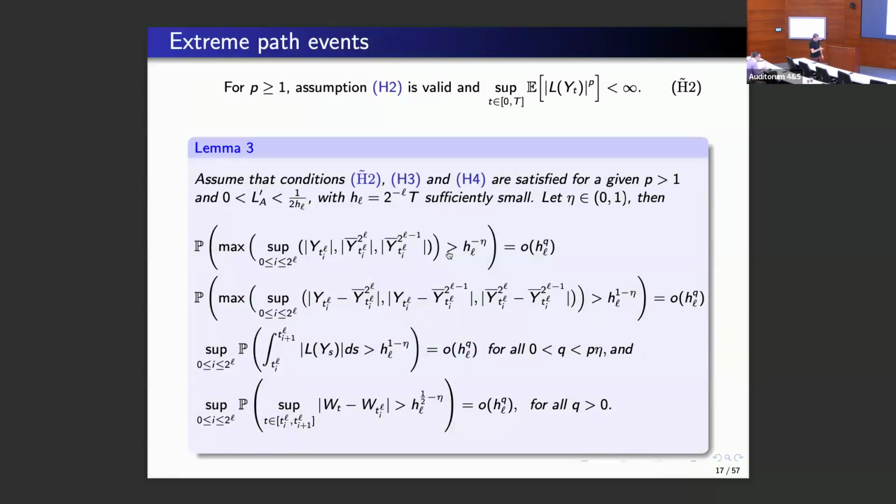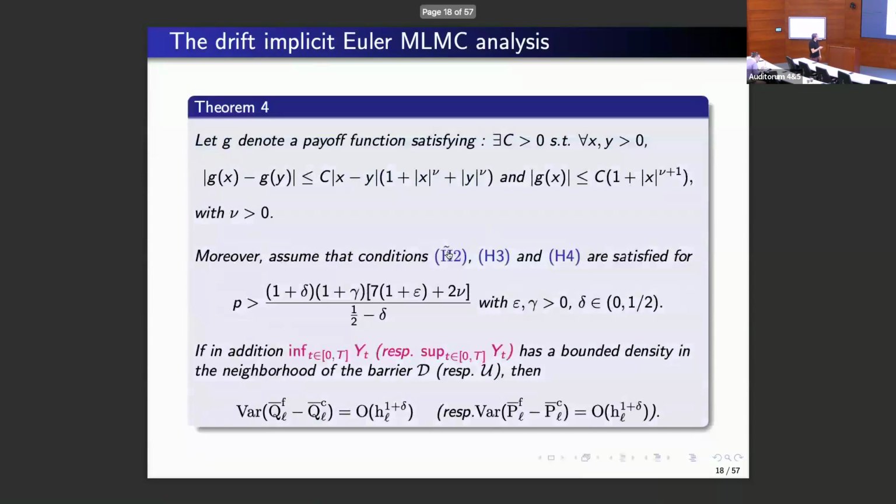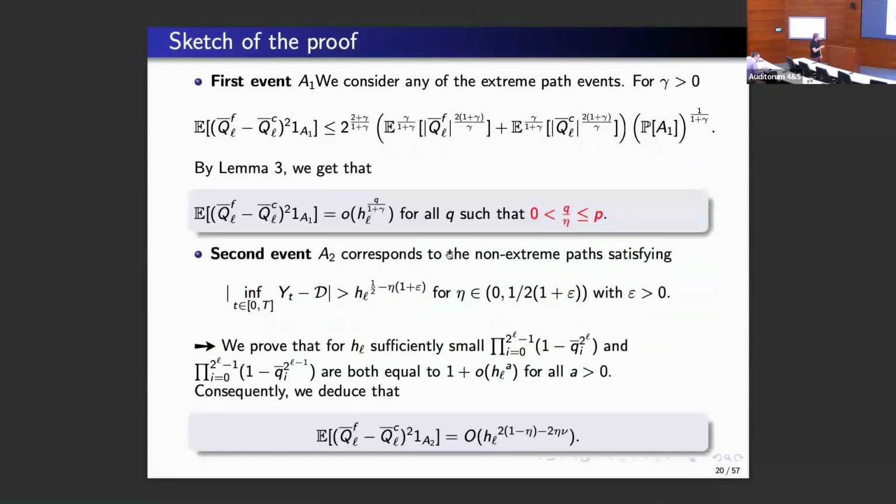Imagine that I put all these events in one set and then try to work with it. For the extreme events, it turns out that on the extreme events, this variance is of order Q to the HL to the power Q over 1 plus gamma, still having this restriction on Q.